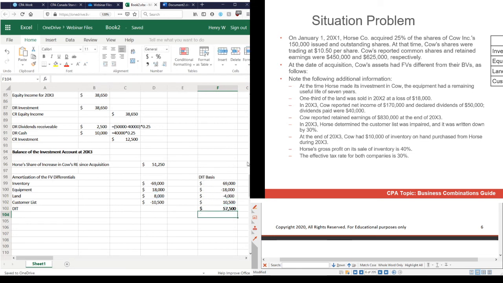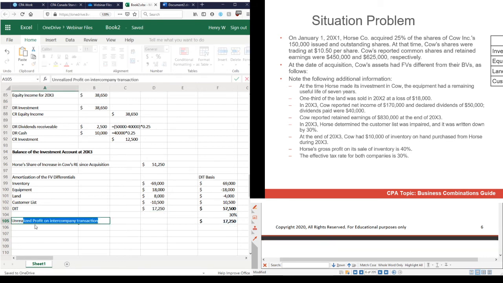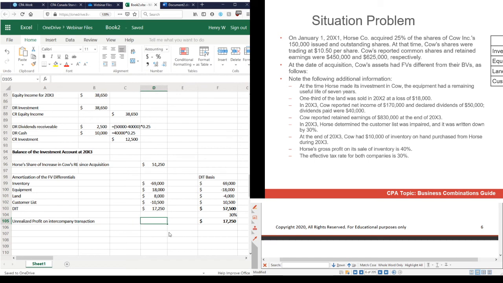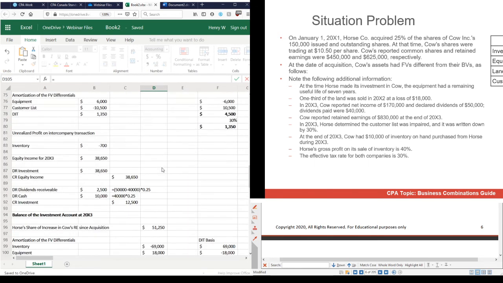Okay, tax rate. Okay, so this is the total, and the tax is over here. Unrealized profit. $700.